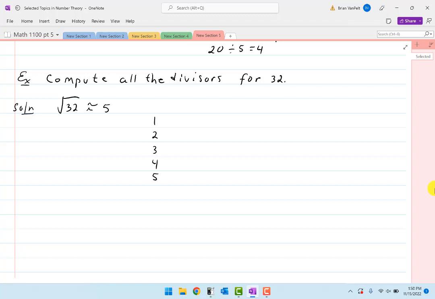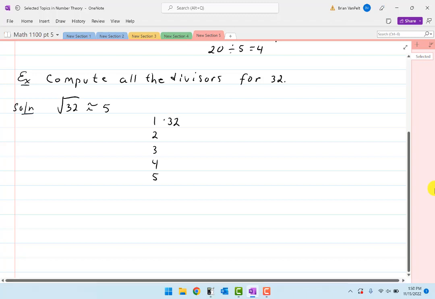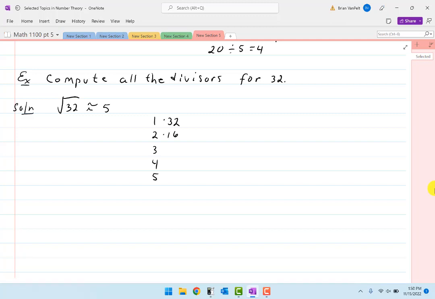If you look at the number 1, 1 goes into 32 32 times evenly. 2 goes into 32 16 times evenly. 3 does not go into 32, but 4 does, 8 times. 5 does not go into 32.